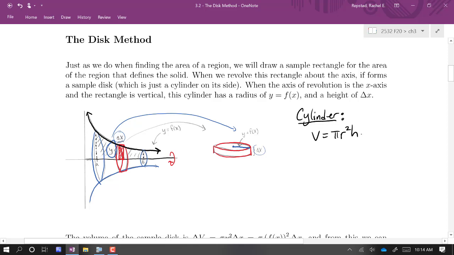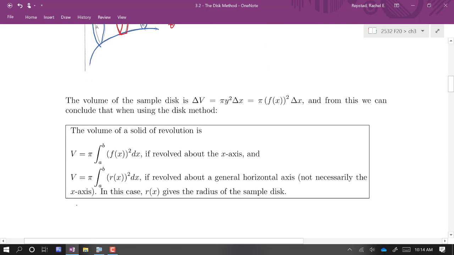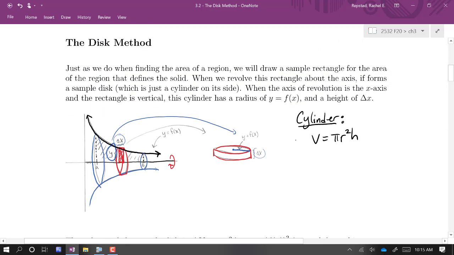Now, if we scroll down, you're going to see that we introduce some integration formulas. I do not bother memorizing these formulas ever. I know that if I want to evaluate a volume using the disk method, this formula is really the only one that I need.